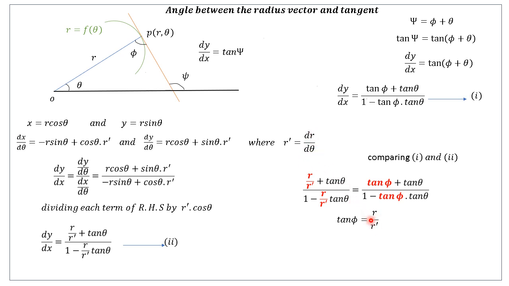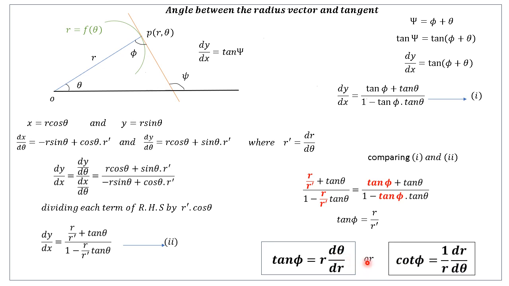Therefore tan phi is equal to r divided by dr by d theta, that is, r into d theta divided by dr. Equivalently, we can also write cot phi is equal to 1 by r into dr by d theta. These two relations give us an expression for the angle between the radius vector and the tangent to the curve.